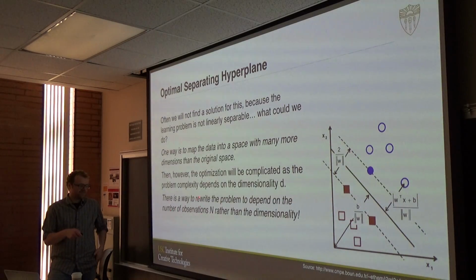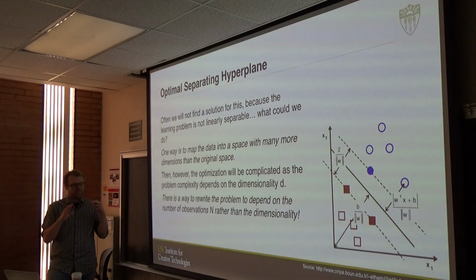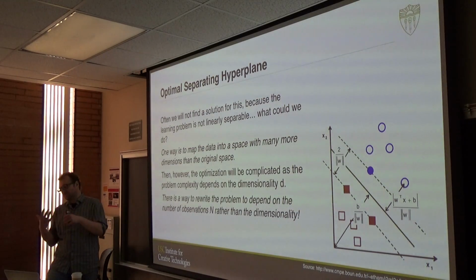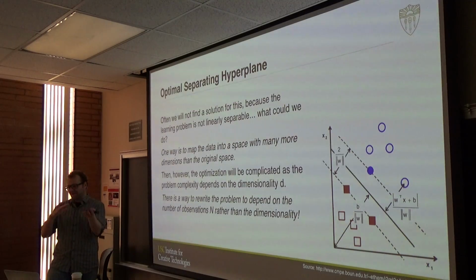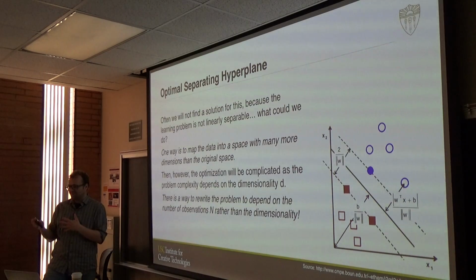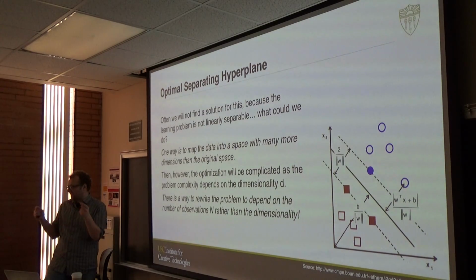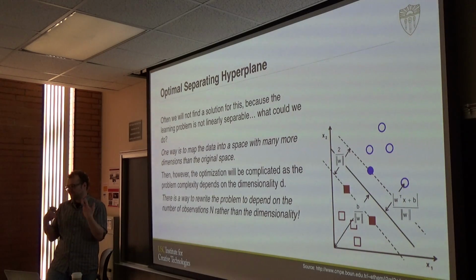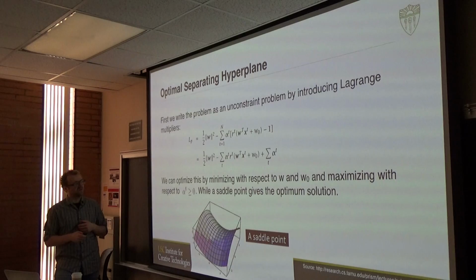We have to come up with a solution that's not dependent on the dimensions but on the data points, and that could be good or bad either way. If we have many data points and the problem is really complicated and we don't have a sufficiently expressive kernel, we might run into trouble again and might have to optimize for a long time.